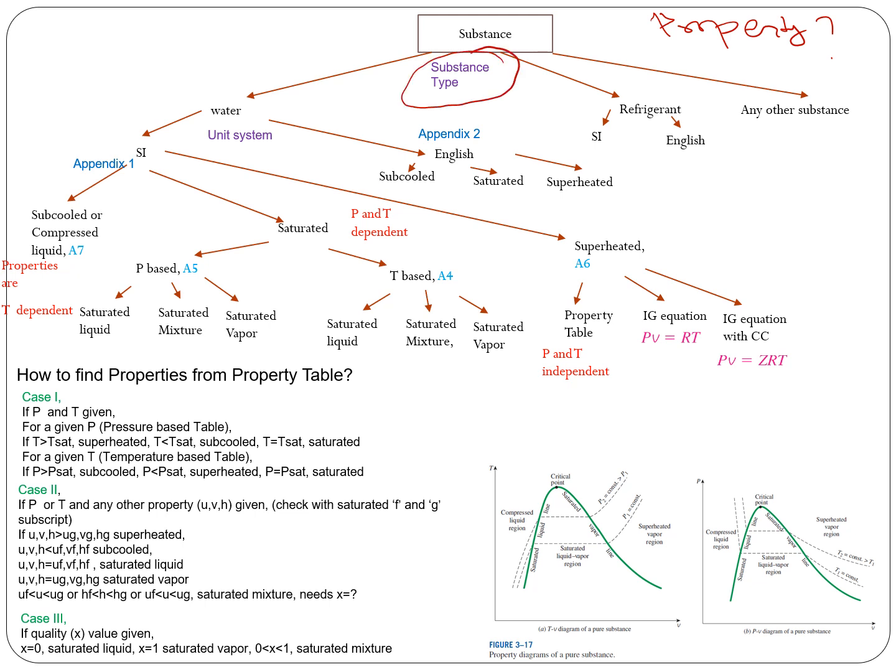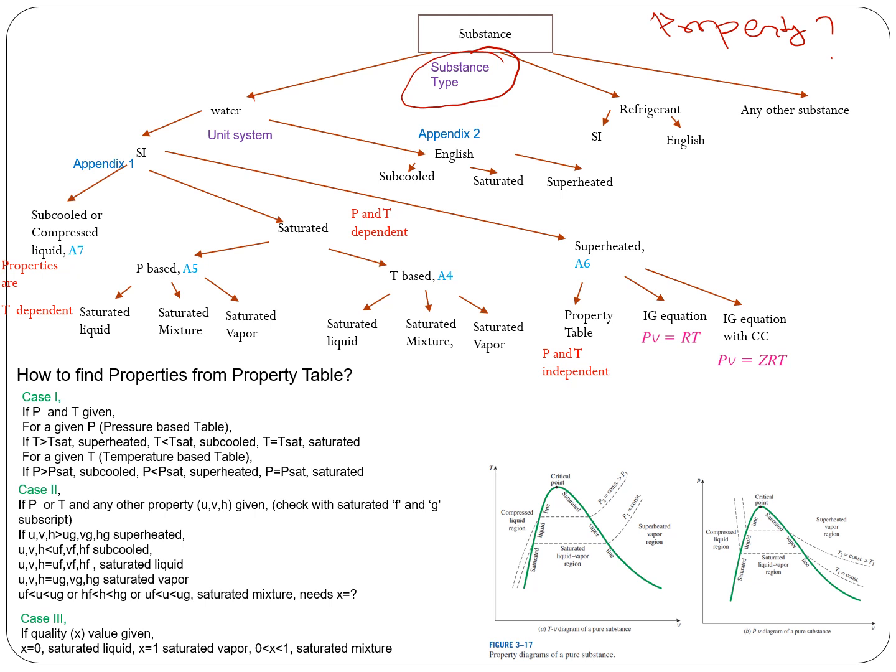Is it H2O, water, steam, or is it R134A, which is a refrigerant? Is it nitrogen? Is it oxygen? Based on that, always highlight the keyword, the substance, and figure out which table we need to use.